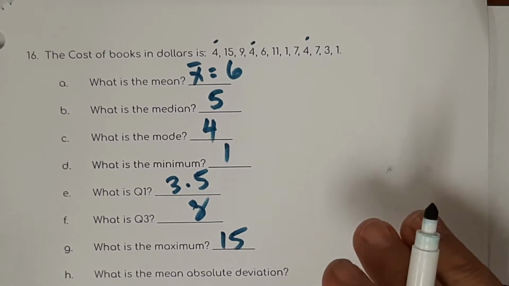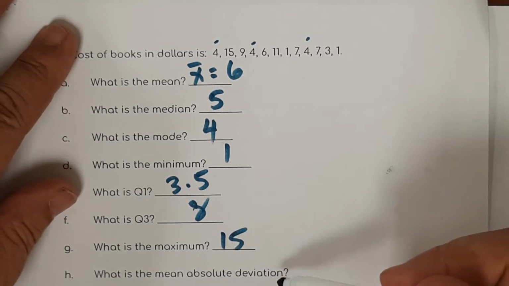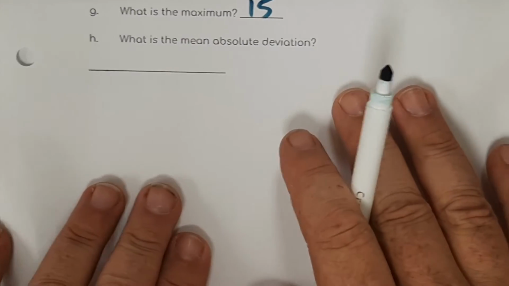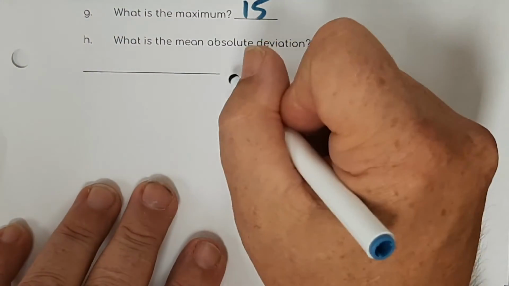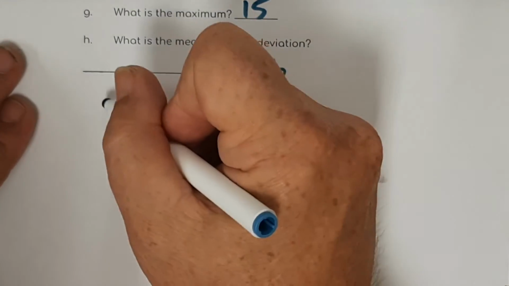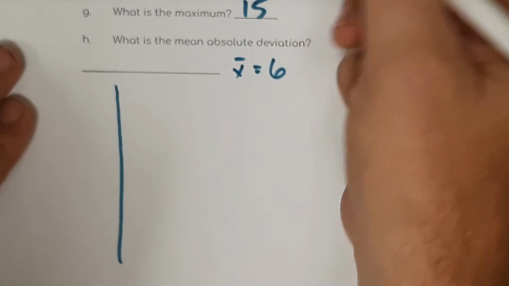And I'm going to figure out our absolute deviation here. So I'm going to make a table here at the bottom. I know my mean is 6. So I've basically got to do all this computing here because I have to do some subtraction.